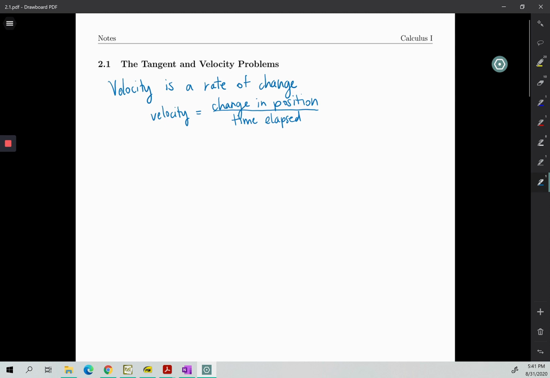Okay. But there are really two types of velocity we might be talking about. The first is average velocity. And the second is instantaneous velocity.